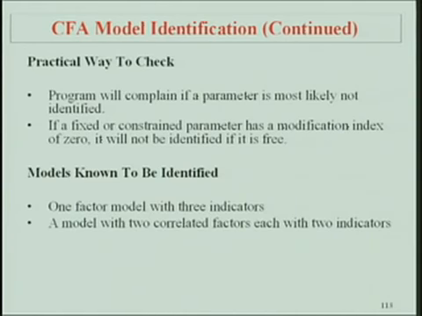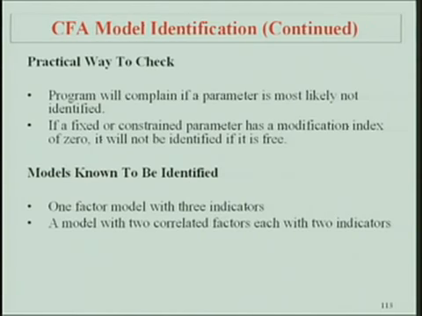The program will complain if a parameter is most likely not identified, and that's a blessing of the maximum likelihood estimator, because it cannot compute standard errors if the model is not identified. You get a so-called singular information matrix, and you don't want that. And the program will tell you and point to the parameter that's most likely not identified. So you would have to add some restriction, perhaps fix that parameter at some value.